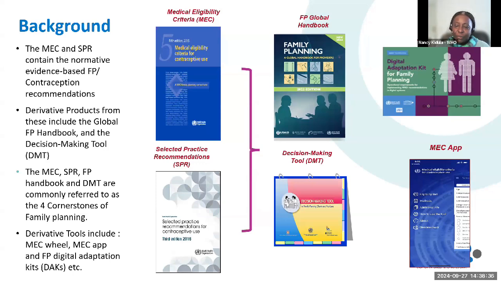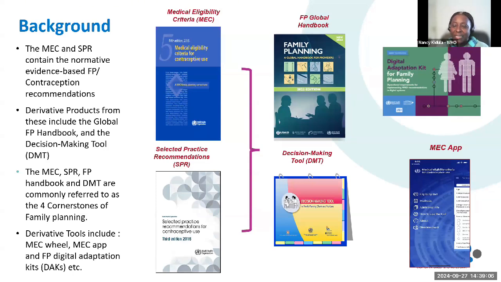And so we have two foundational normative products that guide the global contraceptive method safety and use based on evidence. And these are what you can see here as the medical eligibility criteria, now in its 5th edition, and what we call the selected practice recommendations, now in the 3rd edition.